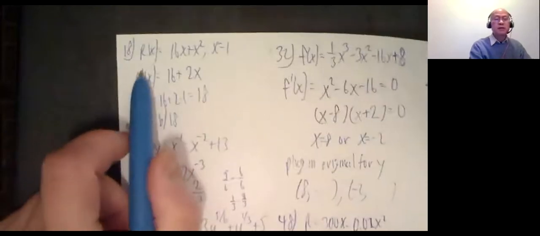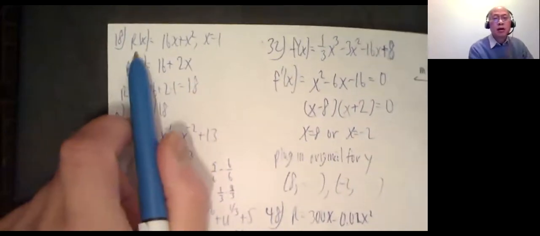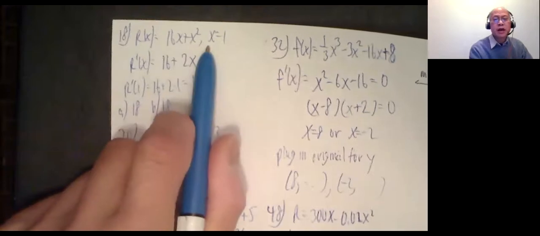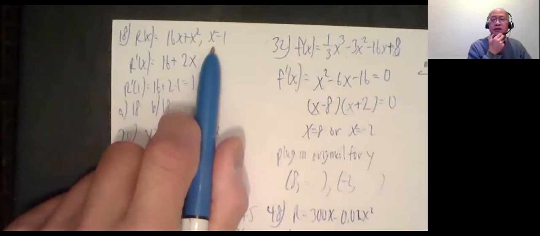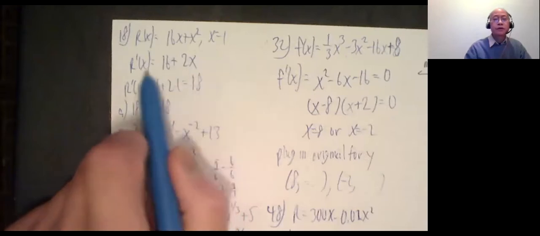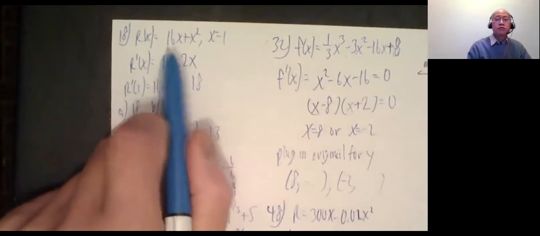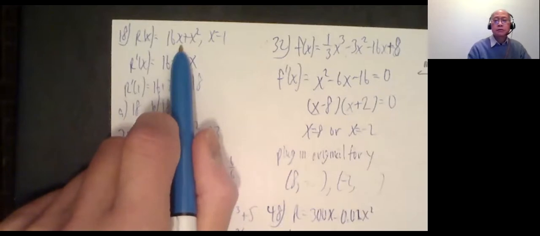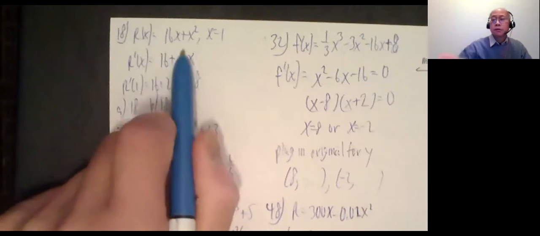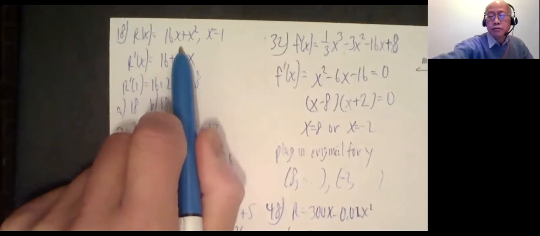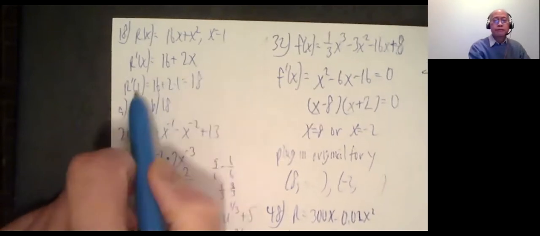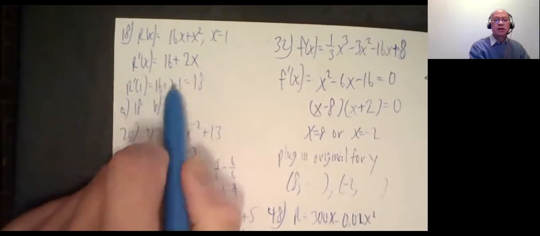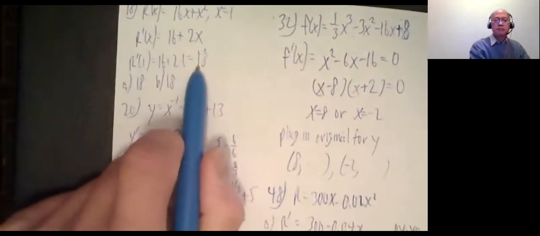18 is somewhat similar. r of x is 16x plus x squared at x equals 1. Find the derivative, plug in 1. So r prime, derivative of 16x, 16. Derivative of x squared, 2x. Now I plug in 1. r prime of 1, 16 plus 2 times 1, 18.